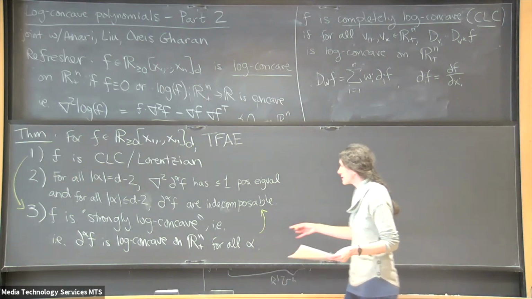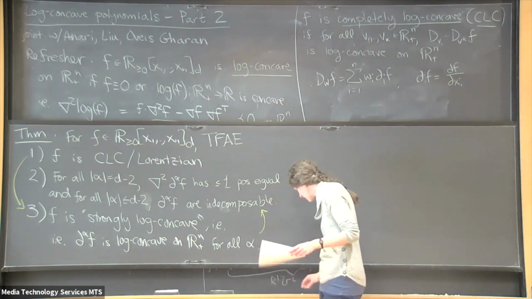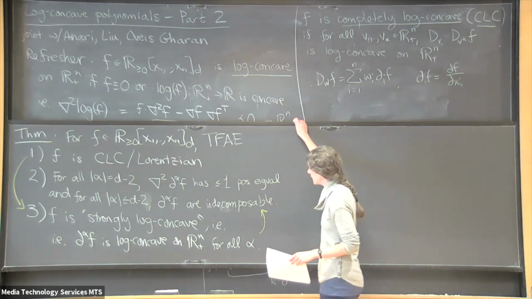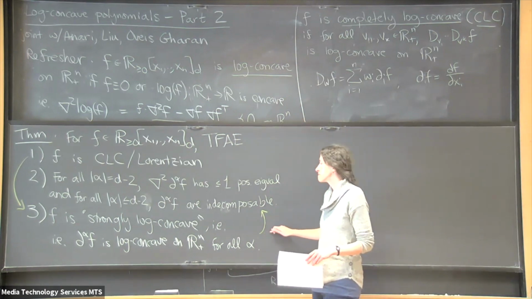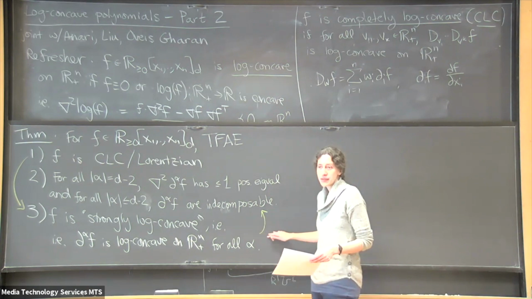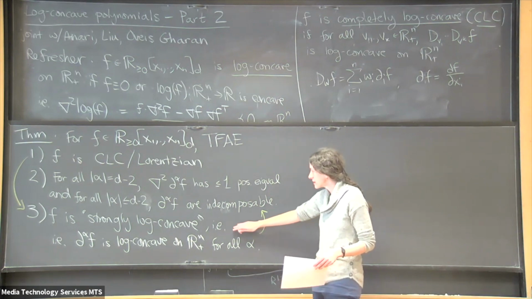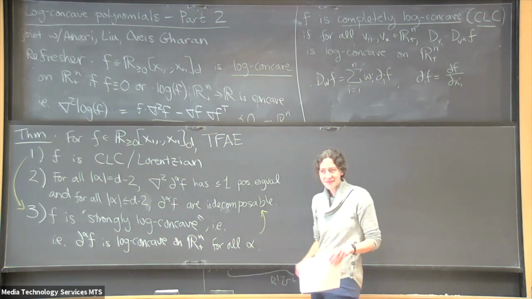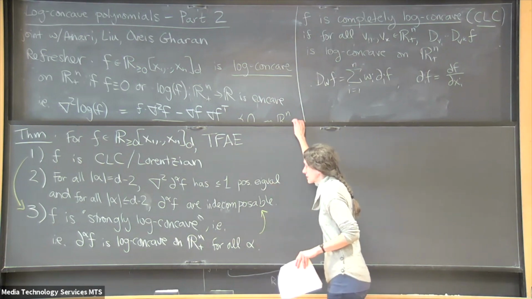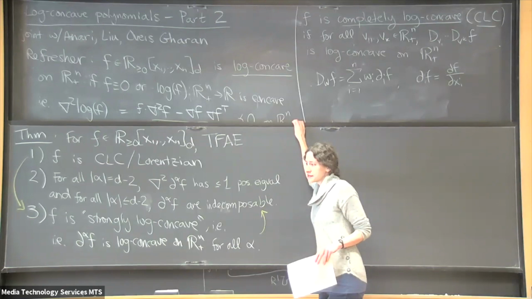And so I just wanted to throw this in because in some ways it is the easiest to state. And also it had been, I think, more well studied. This is Gurvits' definition? Yeah, I first saw it.